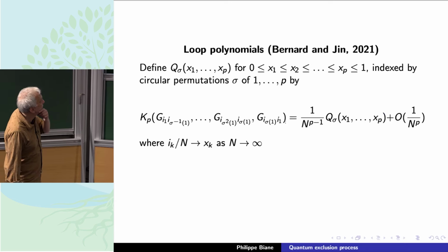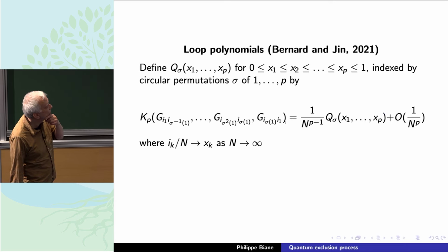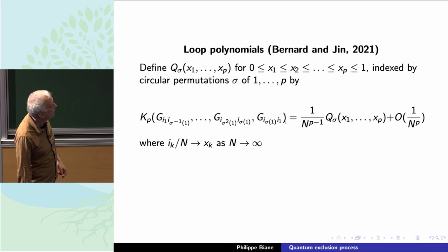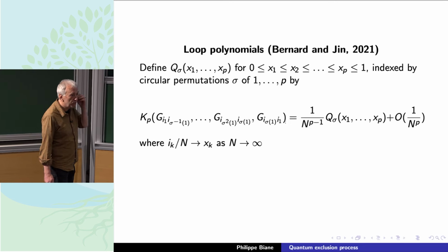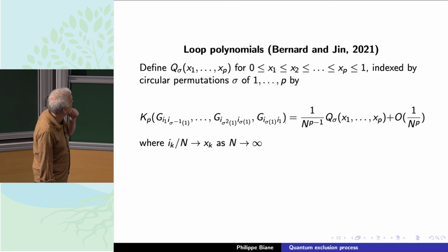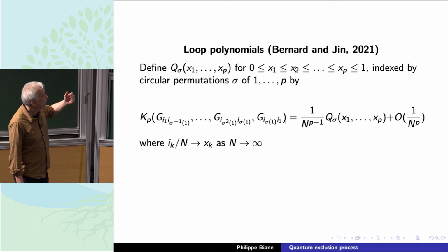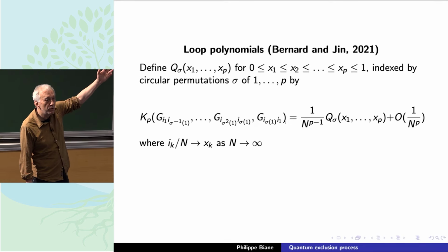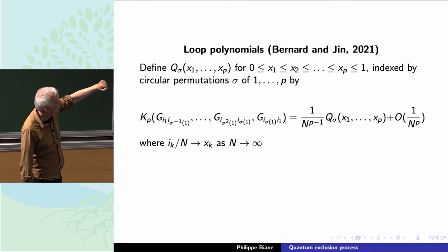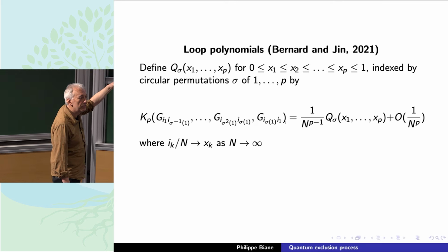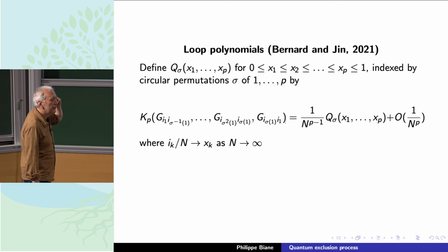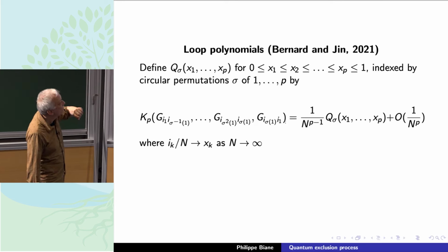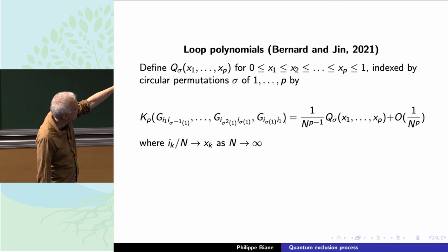Okay. So this leads us to loop polynomials, which were defined by Denis Bernard and Tony Jin in 2021. So these polynomials are indexed by circular permutations of 1, ..., p, and they are defined as the value of the function G_p on each of the sectors corresponding to a certain ordering. Actually, it depends only on the cyclic ordering. It is invariant by cyclic permutation, but it's not invariant by transposition, of course.